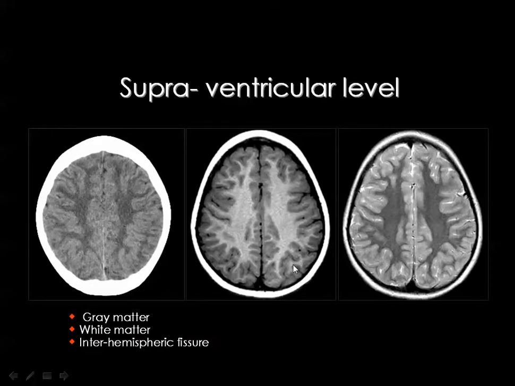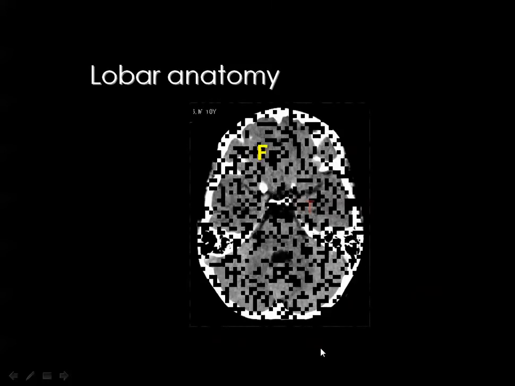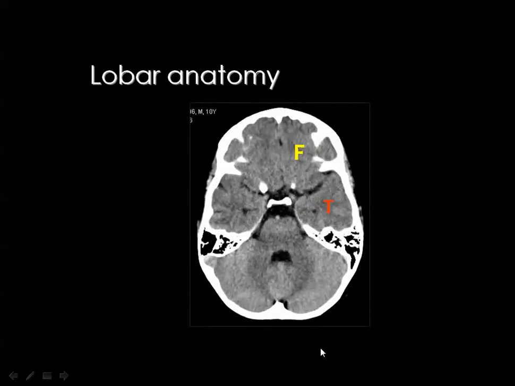And here in the T1 weighted image, the white matter is white, the gray matter is gray. But in the T2 weighted image and in the CT, the white matter is dark and the gray matter is relatively bright.